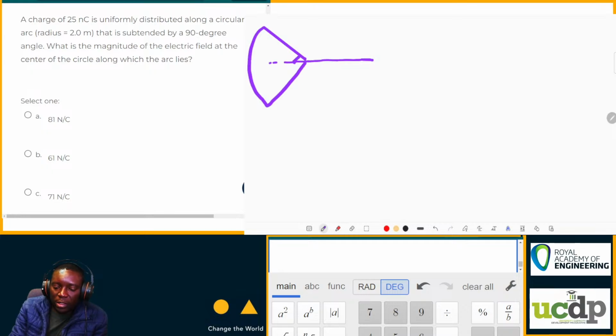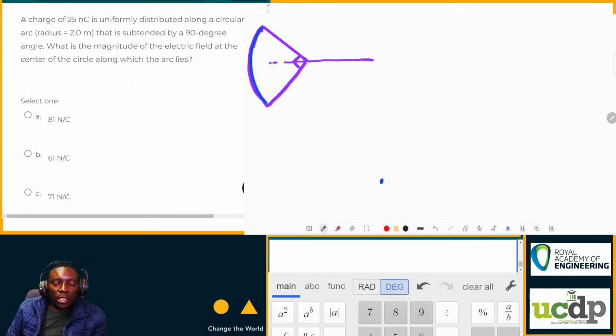Okay, so we have 90 degrees there, something like that. Then this is our distribution of charge. Let me give it a different color.